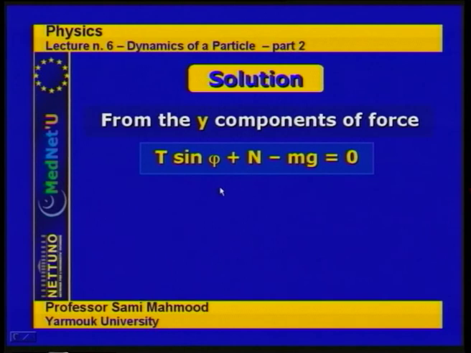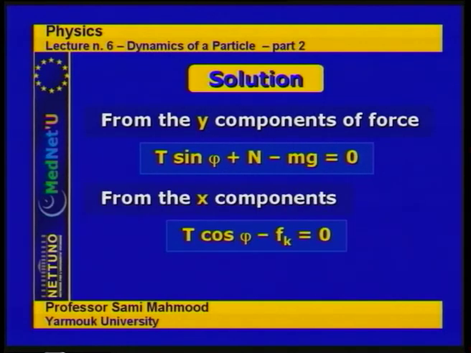We consider only the y components of the forces, which are T sine phi upward plus the normal force upward minus mg, because the weight is downward, and that is equal to 0 because the acceleration in that direction is 0. As we mentioned, the block is moving with a constant velocity.